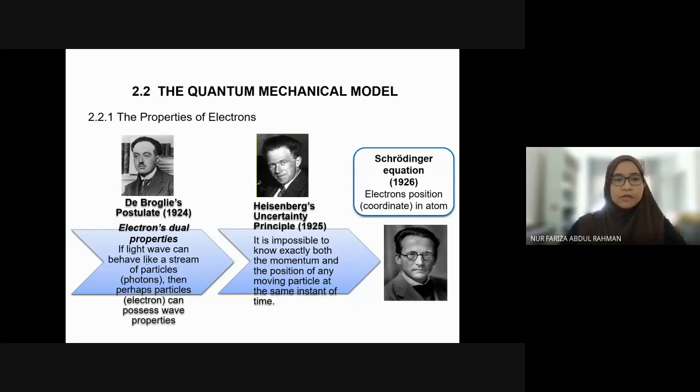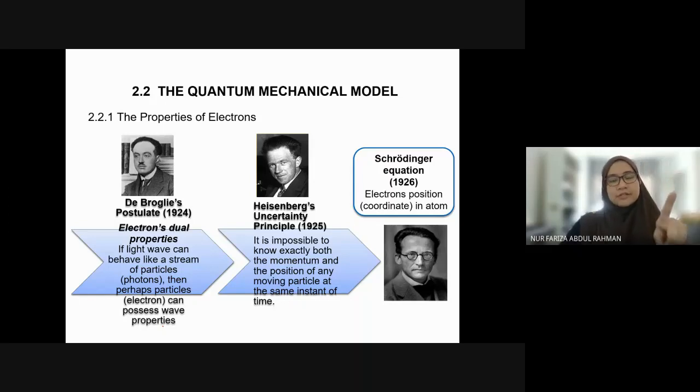Next we have the de Broglie postulate. In 1924, this scientist introduced the electron's dual properties, the duality of electron behavior. De Broglie stated that if light waves can behave like a stream of particles, known as photons, then perhaps particles, which is electron, can possess wave properties.